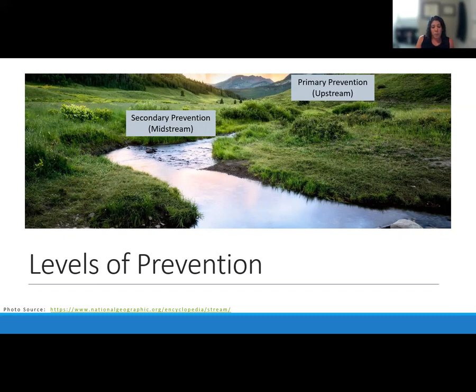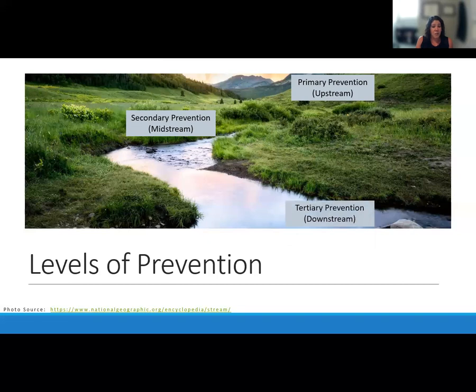It could also include managing conditions and related complications so their progress is slowed or stopped. In the river parable, secondary prevention is pulling the individuals out of the river as soon as possible so they don't have long-term conditions. Another example would be screening, brief intervention, and referral to treatment, also called SBIRT, which is an approach to identify persons at risk of alcohol or drug abuse and referral to get them into treatment.